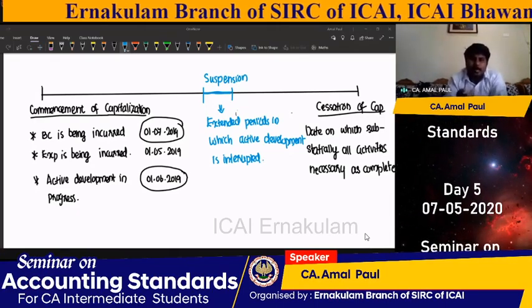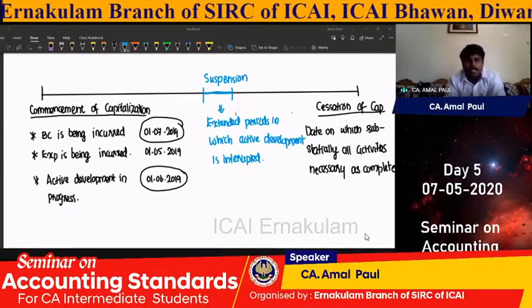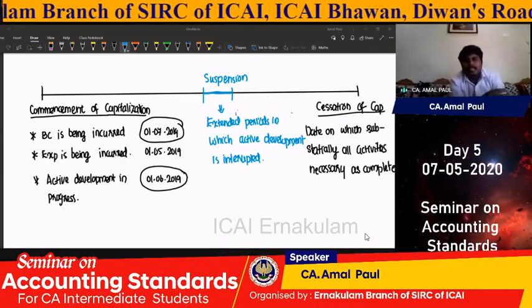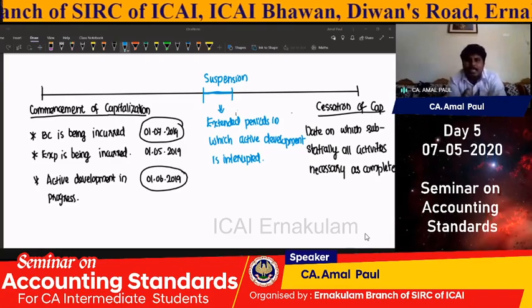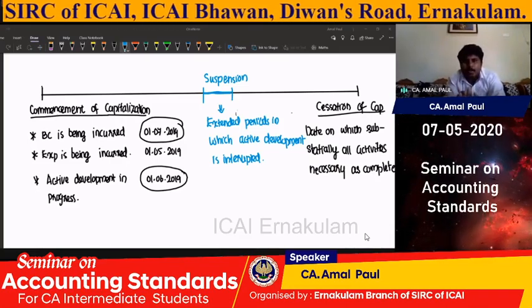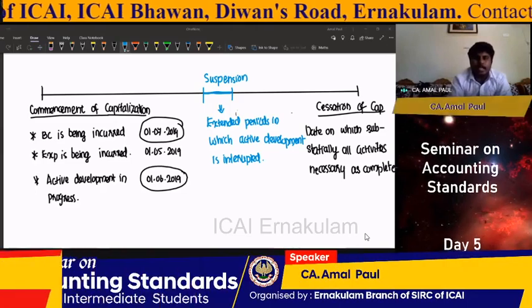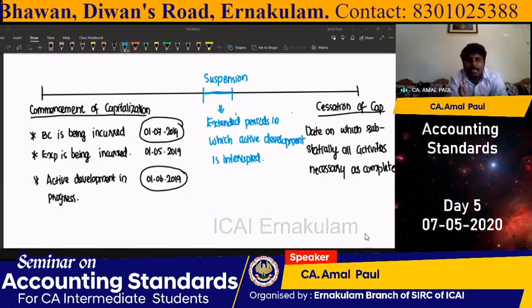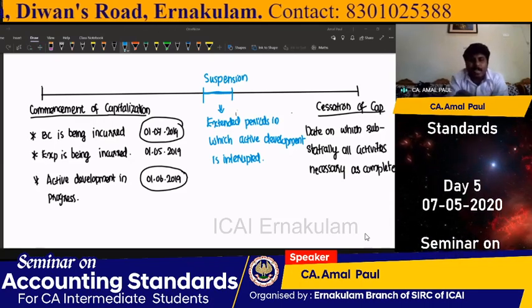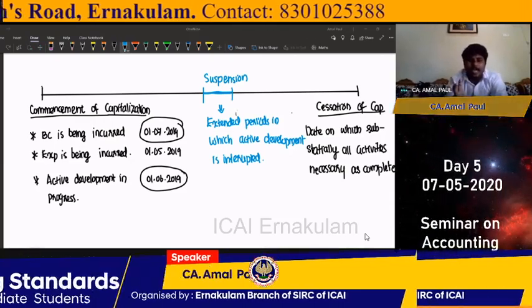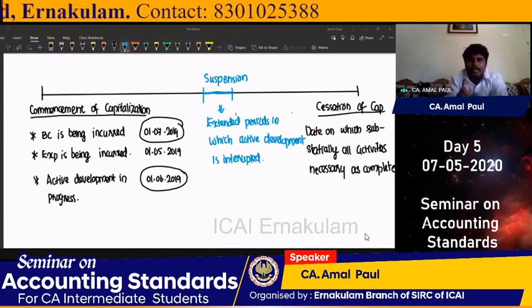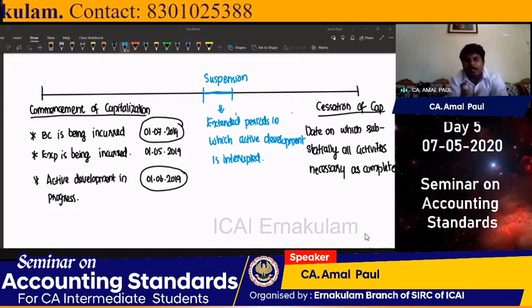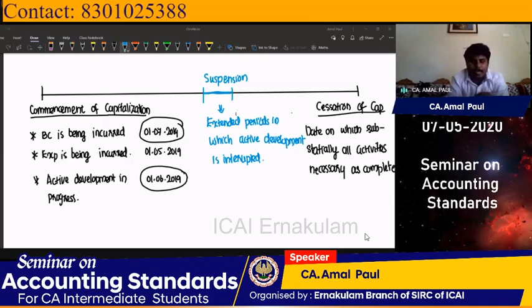For example, we are facing this lockdown scenario. In this period, construction of a building is not being carried out due to lockdown restriction. So during this period, whatever interest cost or borrowing cost you had incurred, you cannot capitalize. This is the best example we can give for the suspension of capitalization.